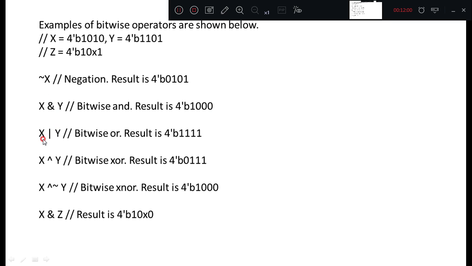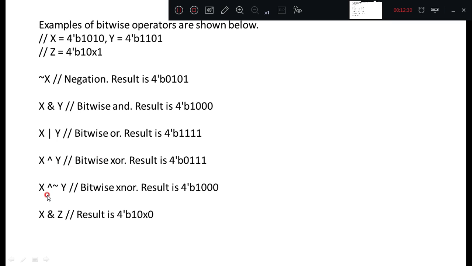So ampersand is the operator. X or Y is the bitwise OR operator. If you perform bitwise XOR on 1010 and 1101, you will get all ones.